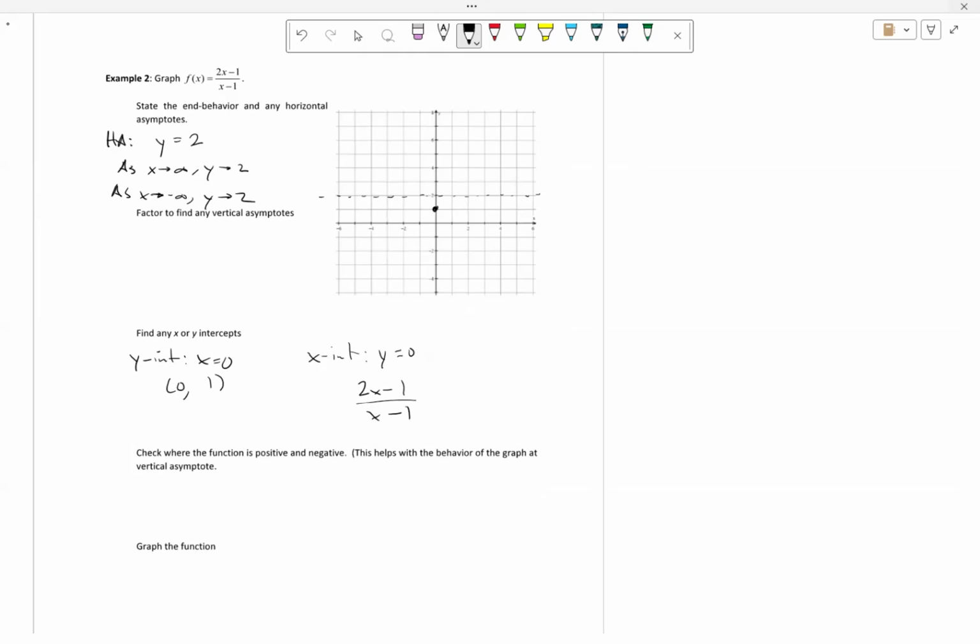In this case, since the y-intercept is 1, the x-intercept has to be something else. So we set this whole thing equal to 0, and then we get... Did anyone get this? 1/2. So x equals 1/2. So we have 1/2, comma, 0. Right there.